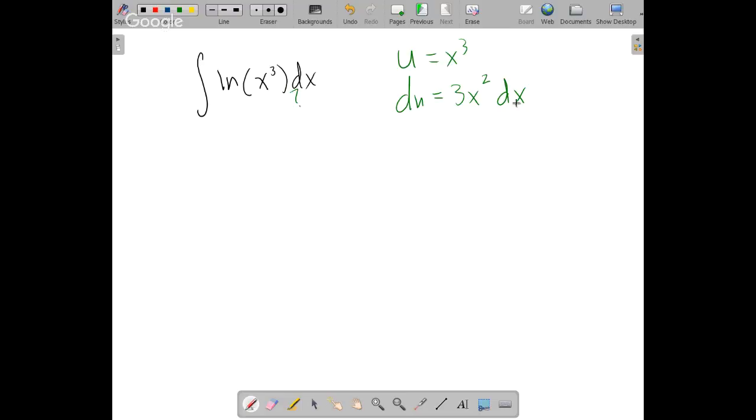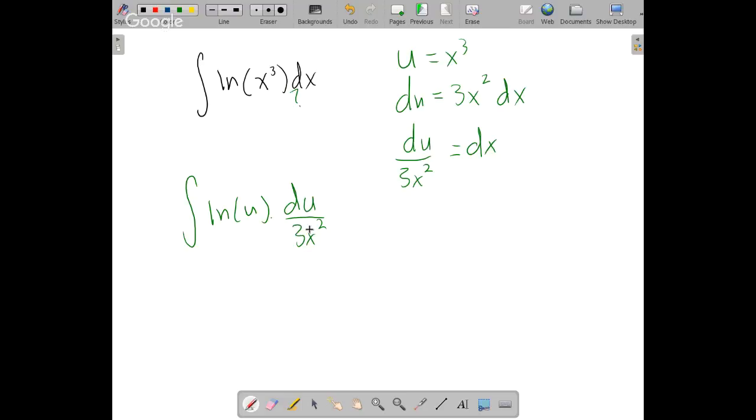Now, you may say, hey, well, we could just solve for dx, perhaps. So if I try that, I'm going to get du divided by 3x squared equals dx. And then when I try to do my substitution, I'm going to get the integral of the natural log of u, because u is my x cubed, and then the dx gets replaced by du over 3x squared.